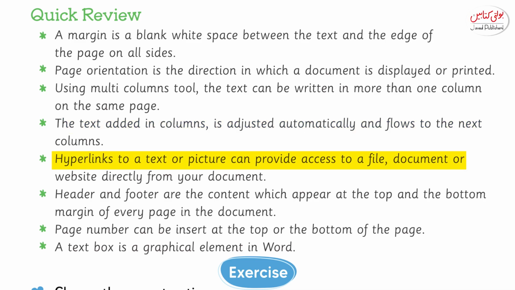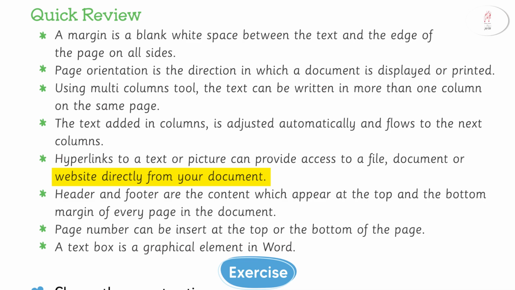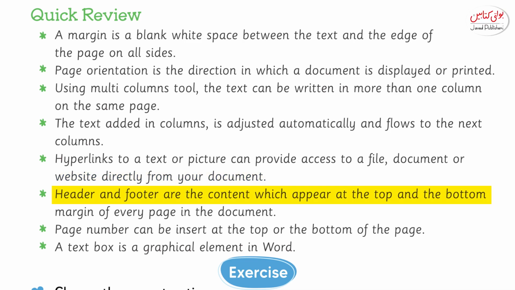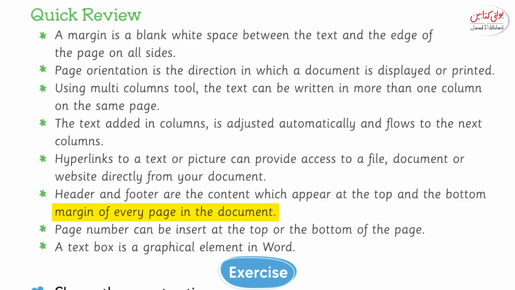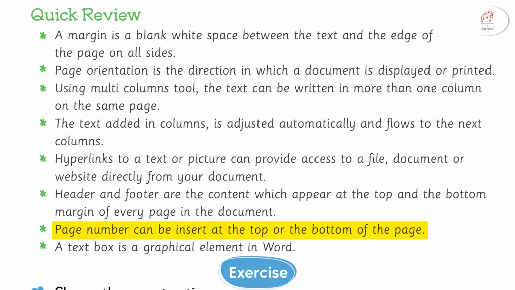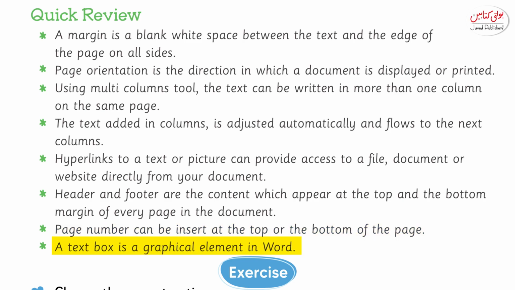Hyperlinks to a text or picture can provide access to a file, document, or website directly from your document. Header and footer are the content which appear at the top and bottom margin of every page in the document. Page number can be inserted at the top or the bottom of the page. A text box is a graphical element in Word.